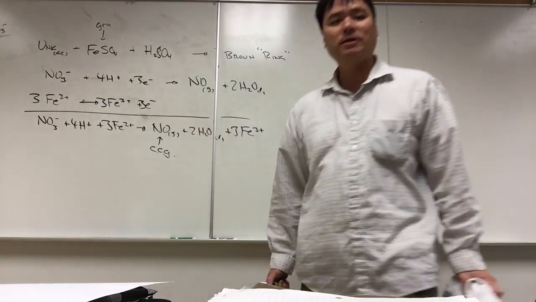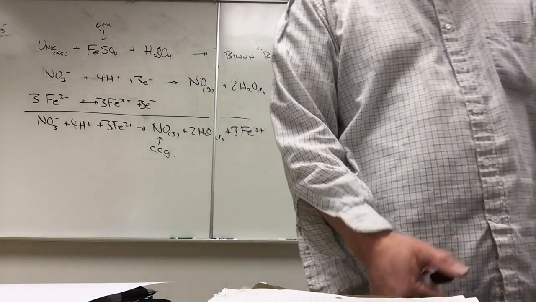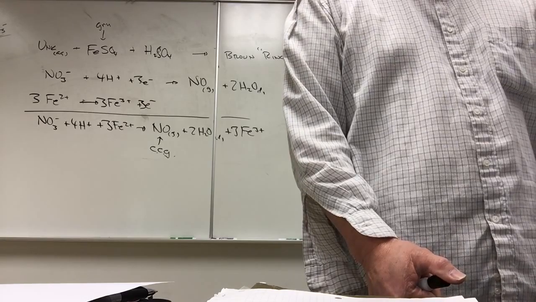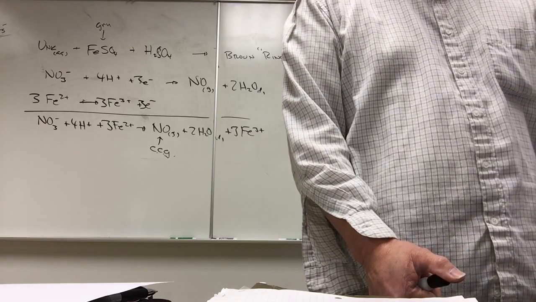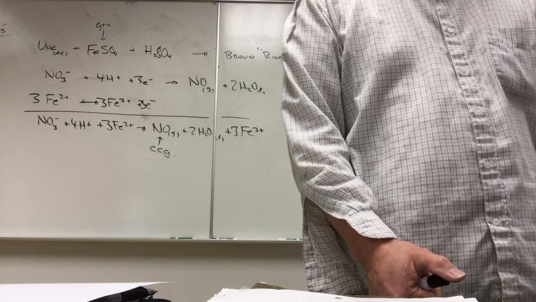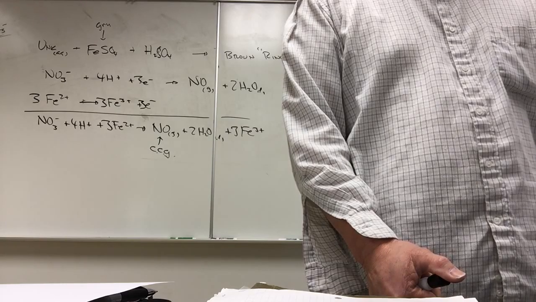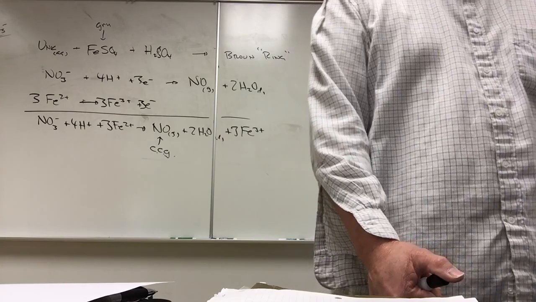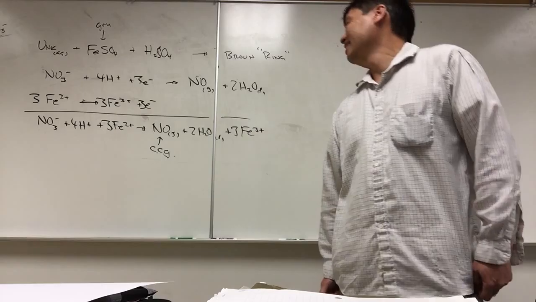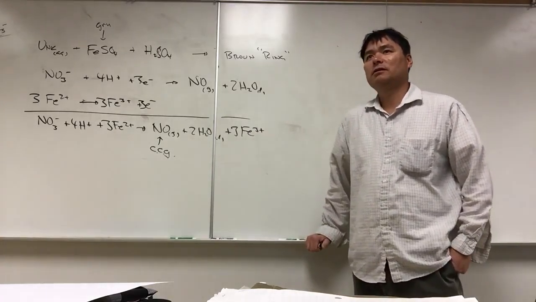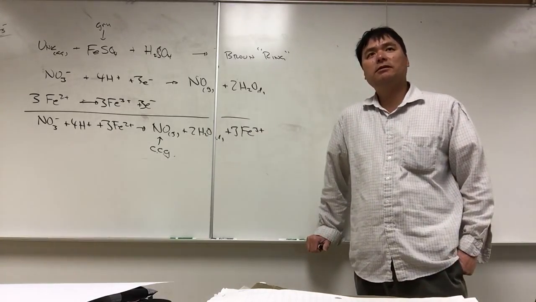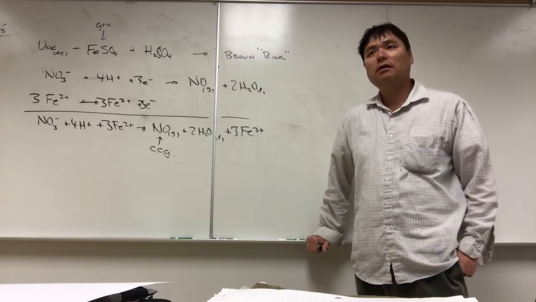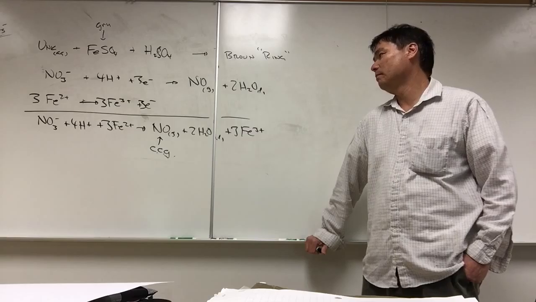And there's a way we can do it, because NO goes by different names. It's called nitrogen monoxide. It's also called nitric oxide, and it's also called nitrosyl. Nitrosyl is the name we give it when it's used as a ligand.